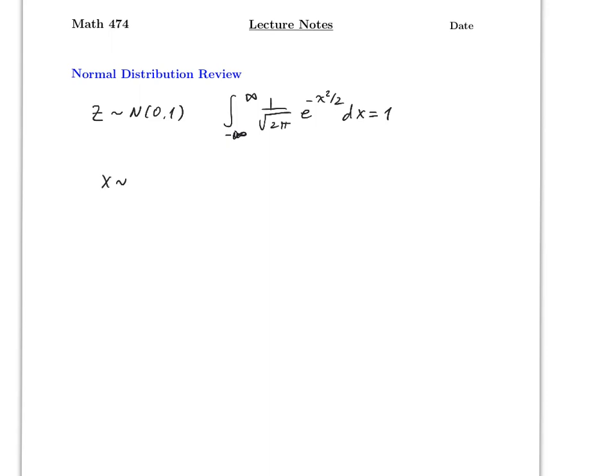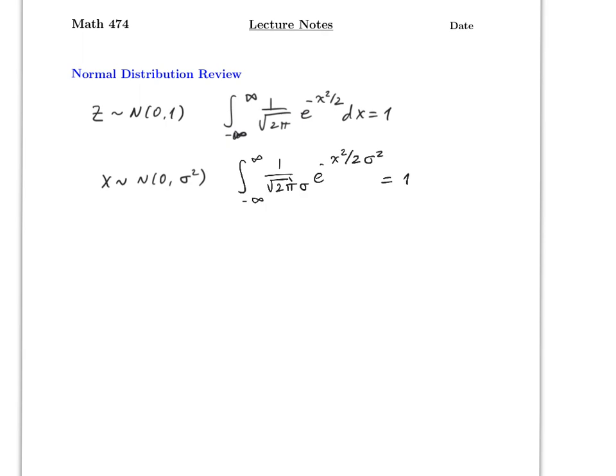Now, if X is normal with mean 0 and variance sigma squared, then the density function looks like this: the integral from minus infinity to infinity of 1 over root 2 pi sigma e to the minus x squared over 2 sigma squared, and this is also equal to 1.